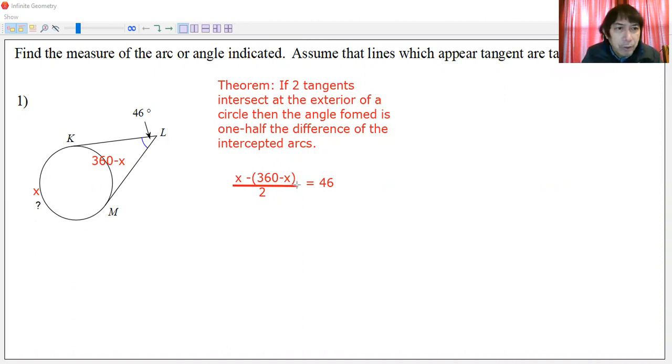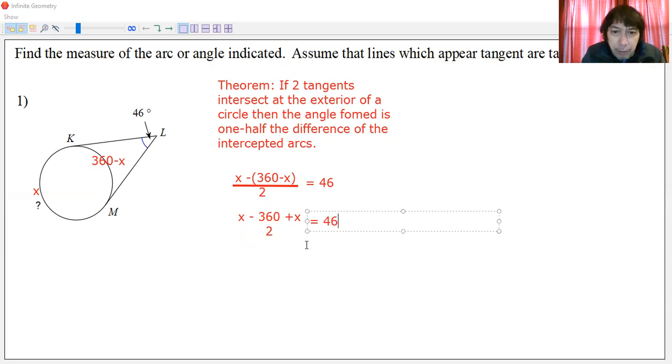Solve for x first. We start here with x minus 360, and a minus x, that's a plus x now. We have to divide this by 2, and this will be equal to 46.